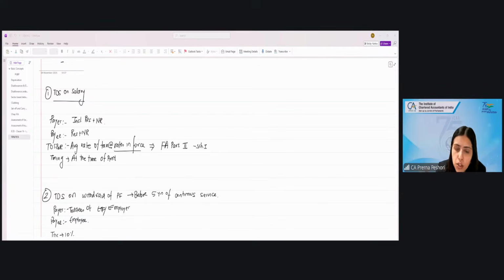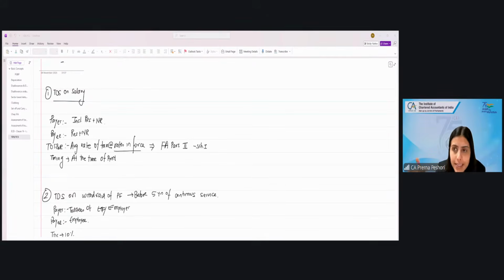And in the intimation, the employees are also asked if they have any other income apart from their salary income, right? So the employee can intimate the employer about any other income, like let's say dividend, interest, right?